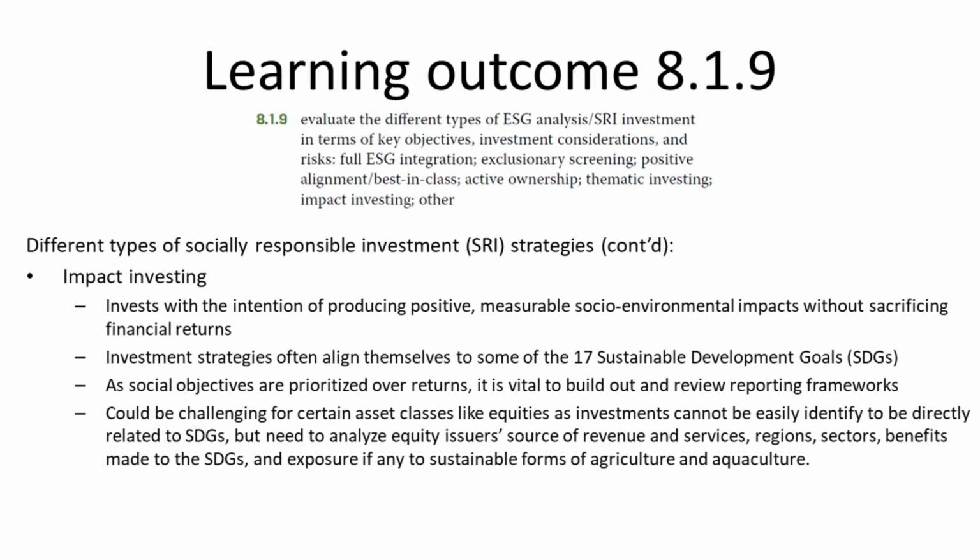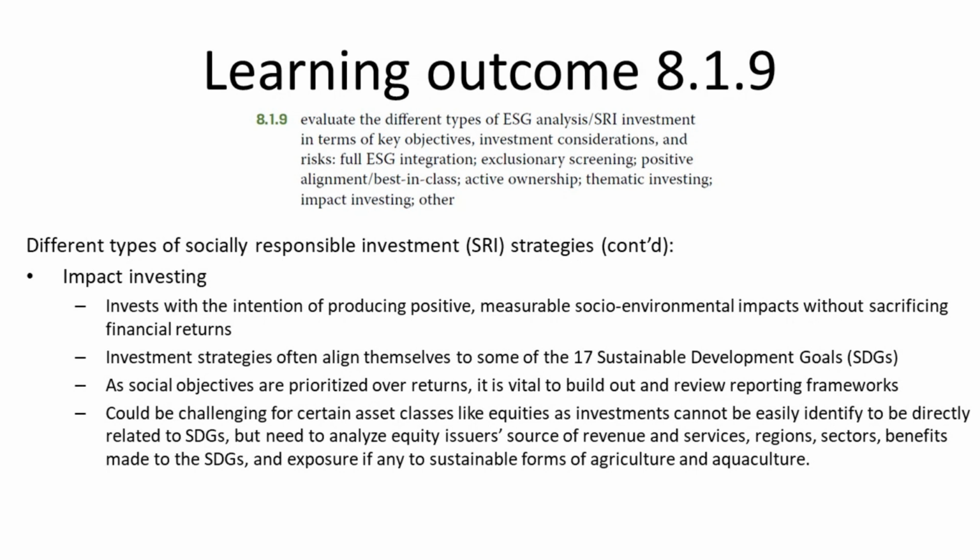And the investment strategies often align themselves to some of the 17 SDGs of the United Nations. And because social objectives are prioritized over returns, it's vital to build and review reporting frameworks. Therefore, that pretty much means that the more conventional reporting framework focusing on returns or comparison benchmarks may not be totally appropriate.